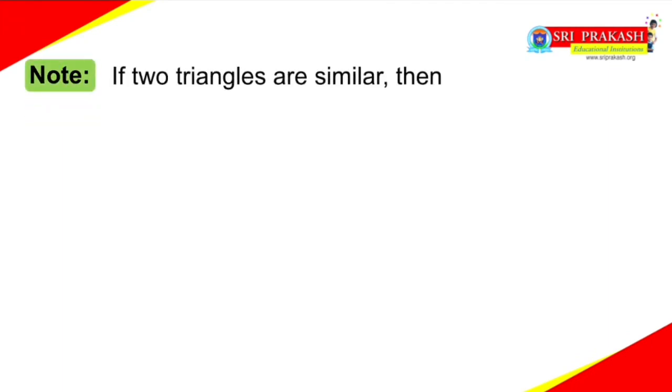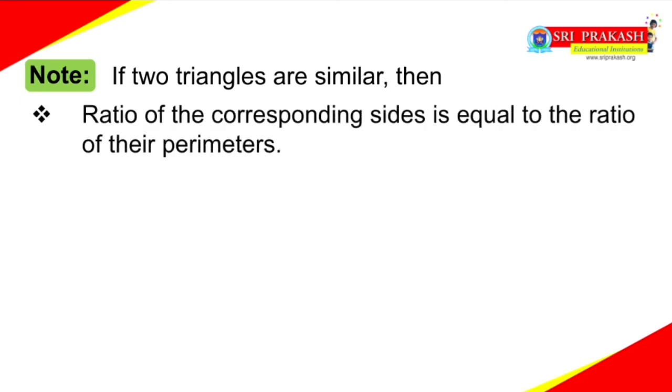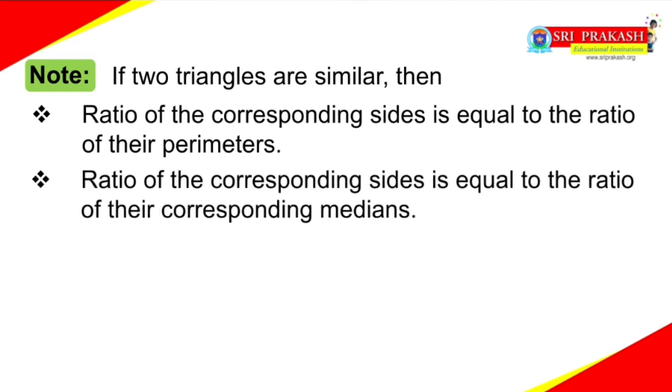Note, children, if two triangles are similar, then the ratio of the corresponding sides is equal to the ratio of their perimeters. Next, the ratio of the corresponding sides is equal to the ratio of their corresponding medians.